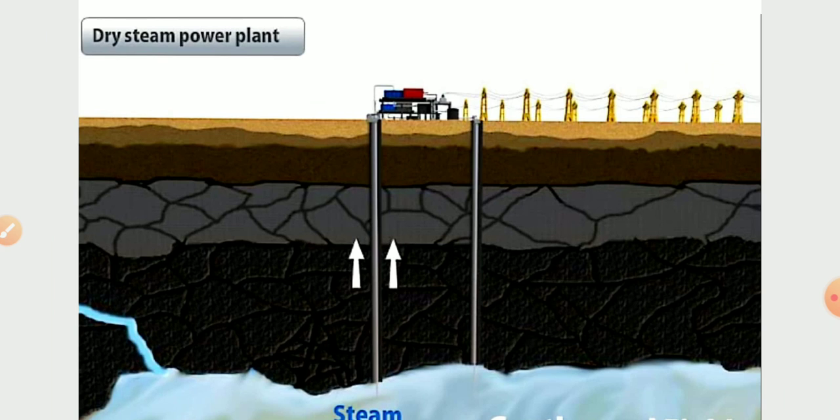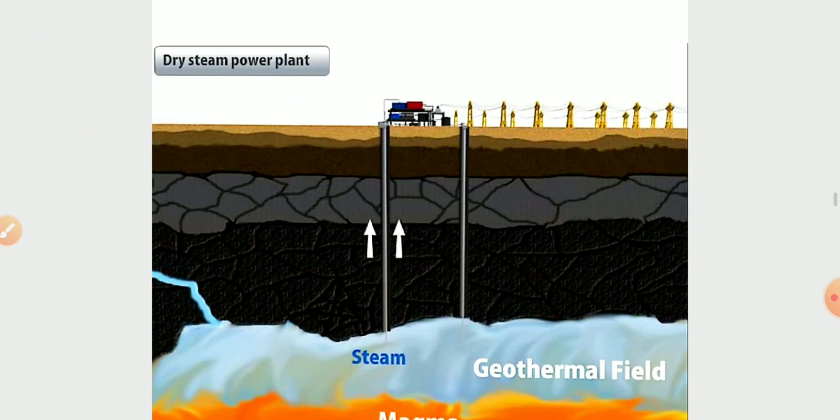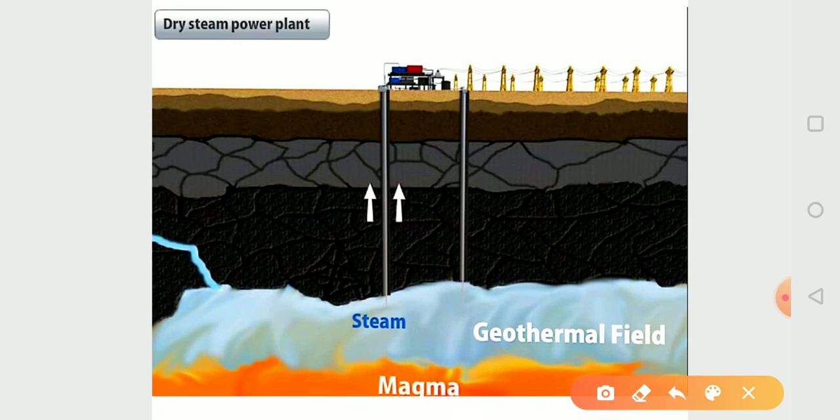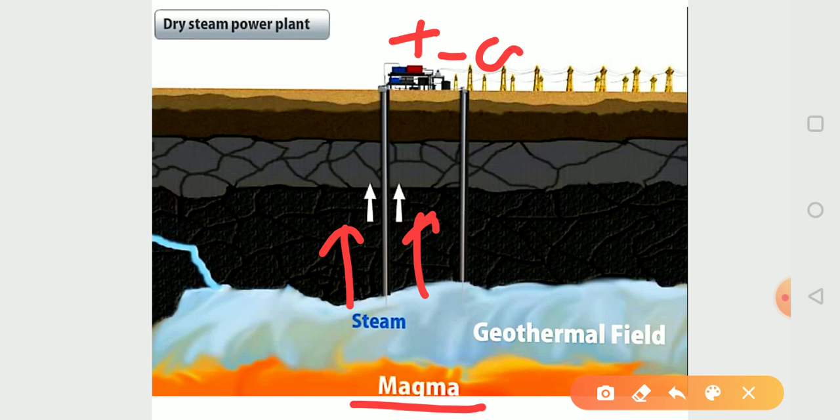So in this power plant, steam is generated directly from the geothermal reservoir. Here we can see this is the magma, and here the steam is generated from the geothermal reservoir. Now this steam is directly supplied to the turbine. Here we have the turbine generator side.